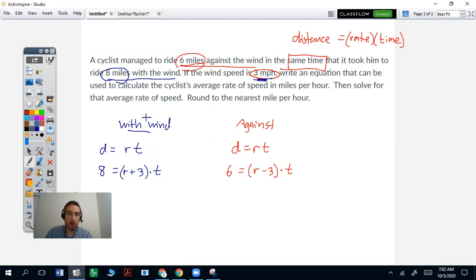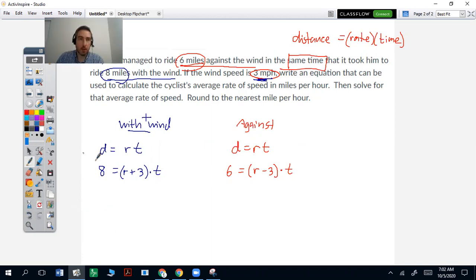So what we're going to do to solve for r is we're going to divide by the rates to get rid of those on the right side.